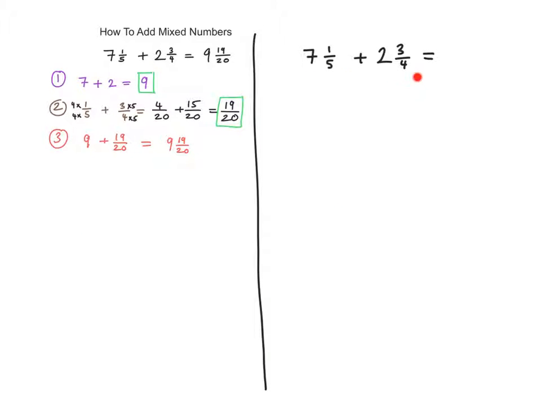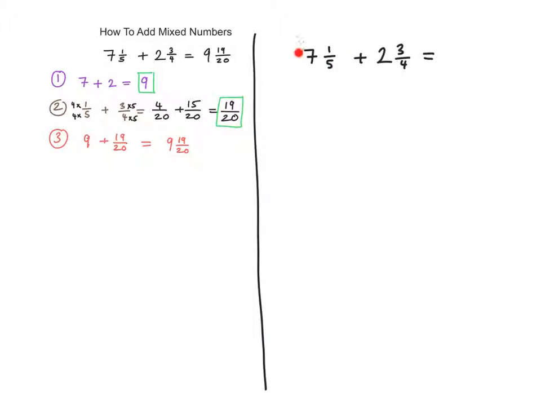An alternative method you could use to add mixed numbers is to convert each of the mixed numbers into an improper fraction. Now, what is 7 and 1/5 as an improper fraction? Well, I need to multiply the 7 by the denominator here and then add the numerator. 7 times 5 is 35, plus 1 is 36.